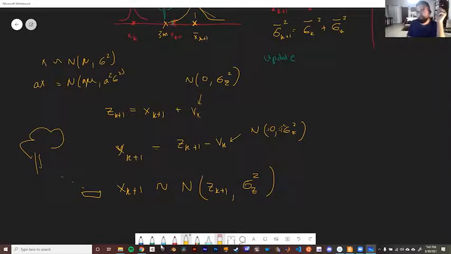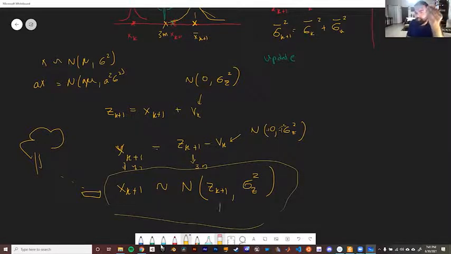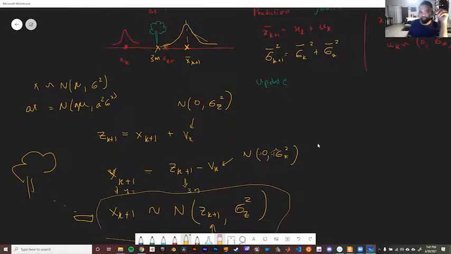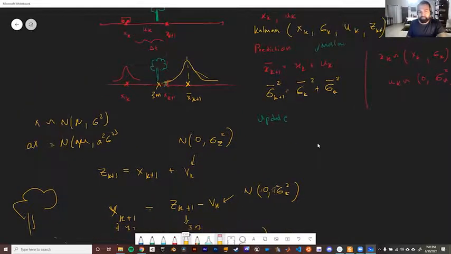If this says 3 meters, then I am at 3 meters, which is what I'm representing here by this normal distribution. So your location will actually be the observation with that noise. So in your update step, what that means is, if you're getting an observation, let's say the observation you got is the tree, the observation will tell you that you're here.